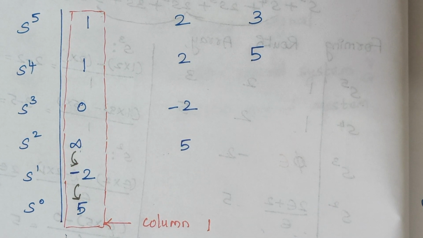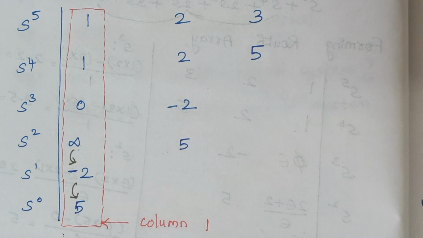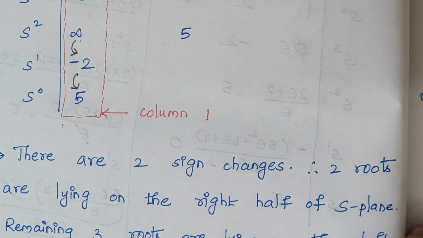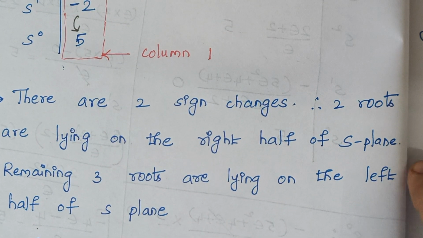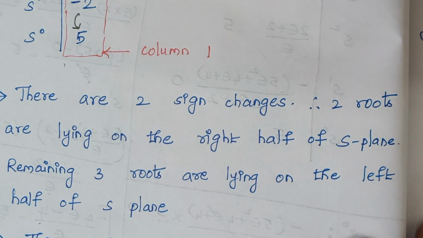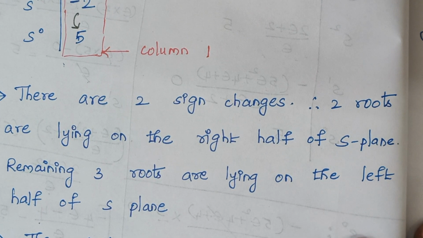So how many roots are located on the right half of S plane? Two roots are located on the right half of the S plane, and remaining three roots are lying on the left half of the S plane, right? Hope you are clear with this, because the number of possible roots is 5.